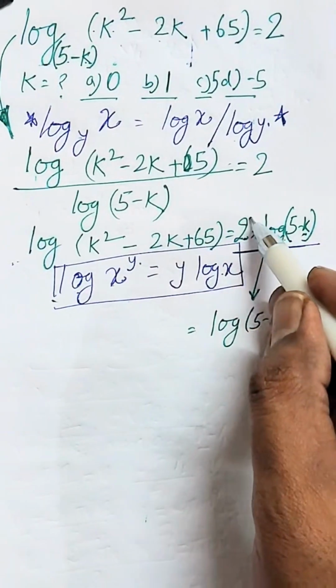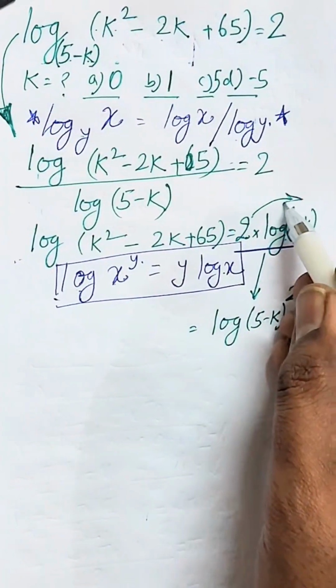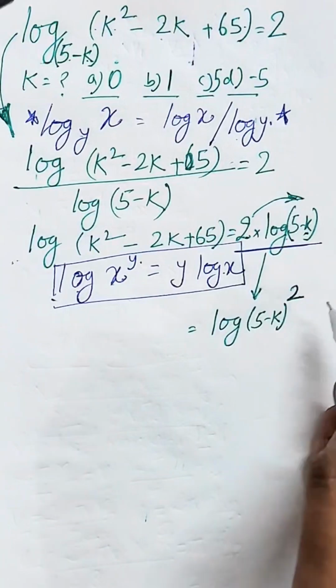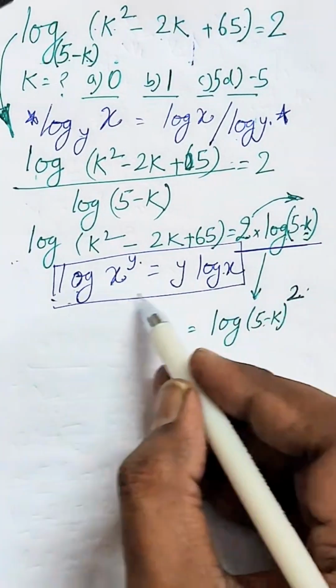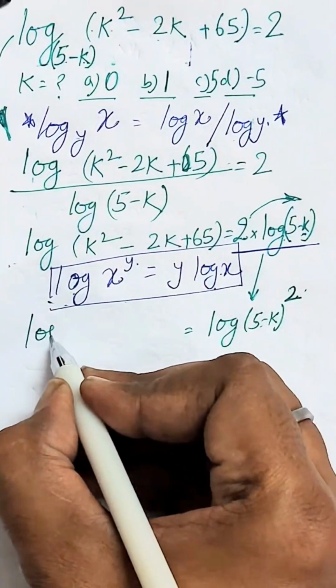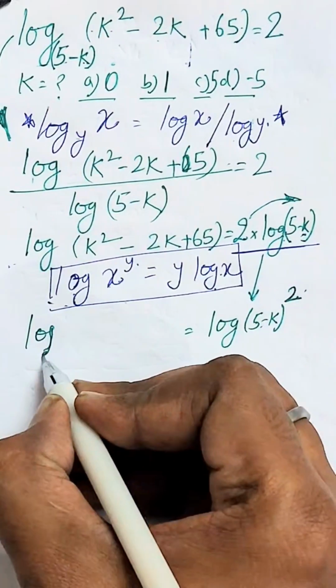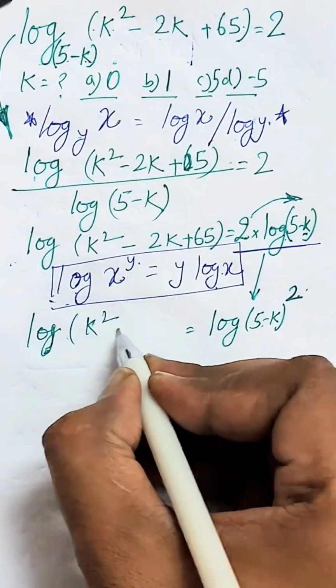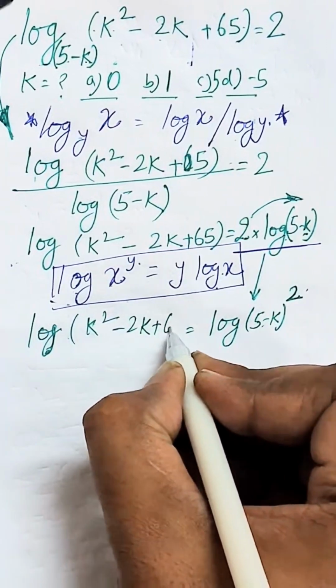So this 2 is going to the exponent of 5 minus k over here. So we use this formula, right? And into the LHS we have log of, just write as it is, k² - 2k + 65.